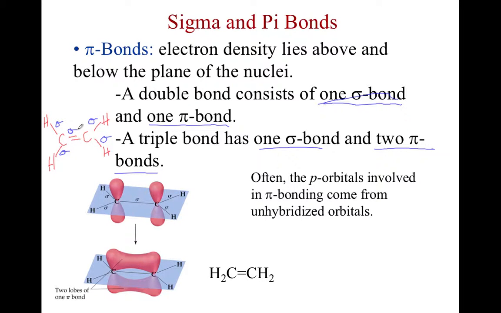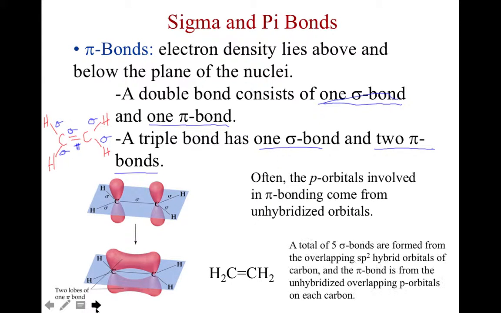So one of these is a sigma bond, the other is going to be a pi bond. If we want to determine the total number of sigma bonds, we can count up our sigma, 1, 2, 3, 4, 5, and then we have one pi bond, which is what I have here.